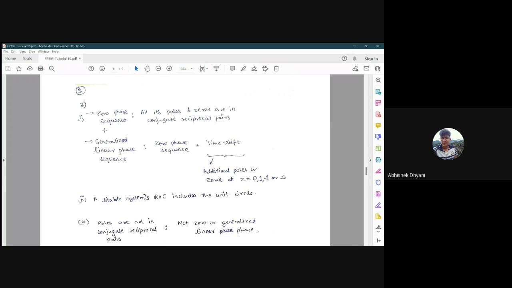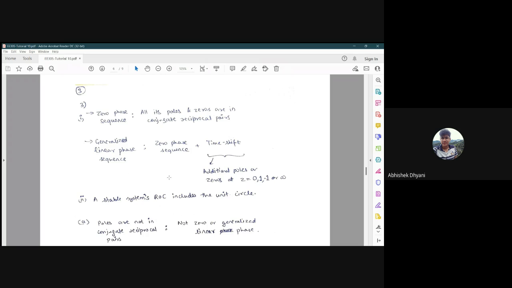And the second thing is that a generalized linear phase sequence is composed of the zero phase sequence plus some time shift element, and corresponding to that time shift element, we see in the pole-zero plot additional poles or zeros which are at 0, 1, -1 or infinity. So we will use these two facts in order to distinguish whether it's a zero phase sequence, a generalized linear phase sequence, or neither of them.